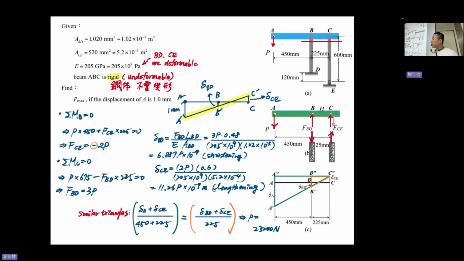We can also use the geometry condition to help us determine the displacement.